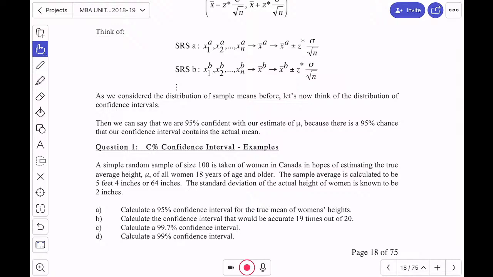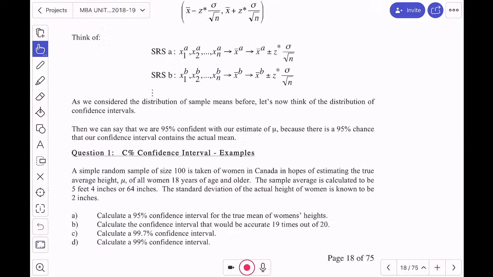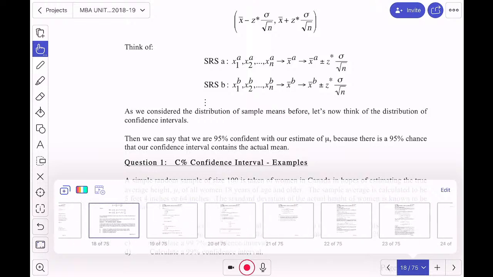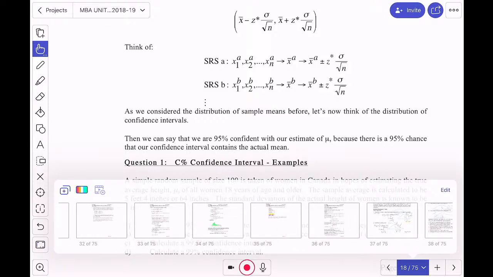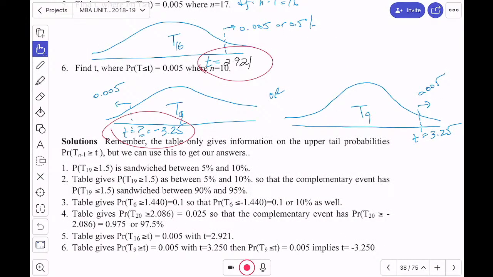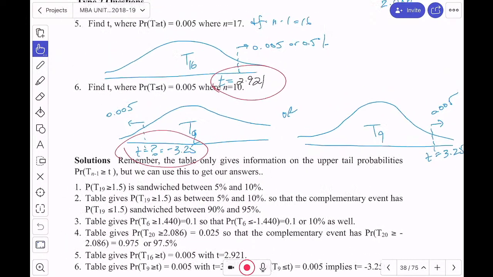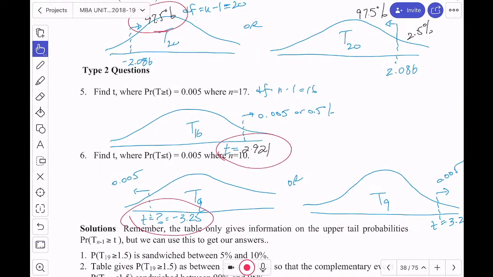In number 5, let me see if I did something wrong. In number 5, we were looking for the right side.